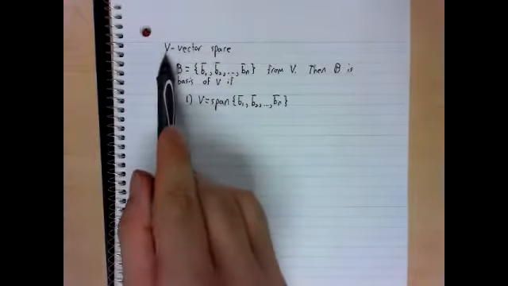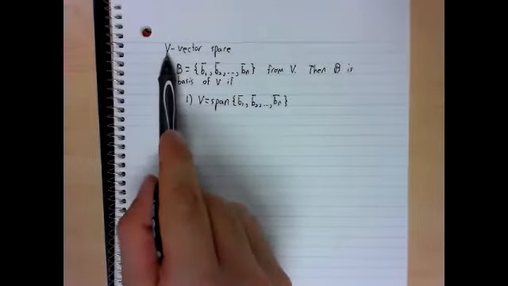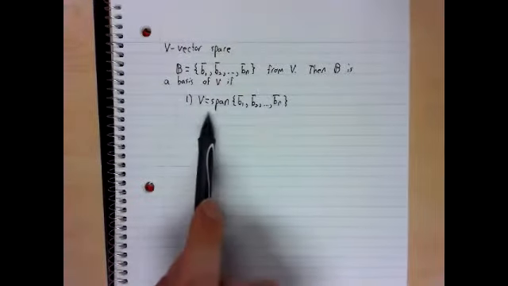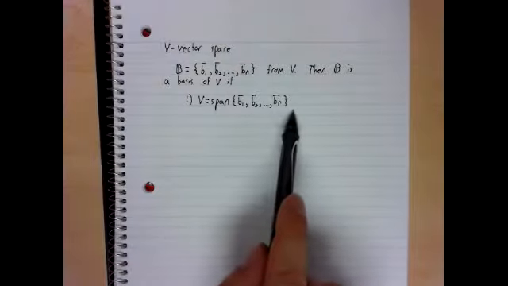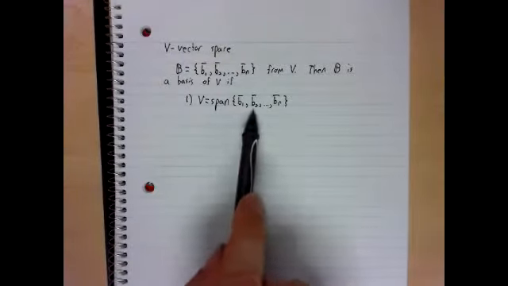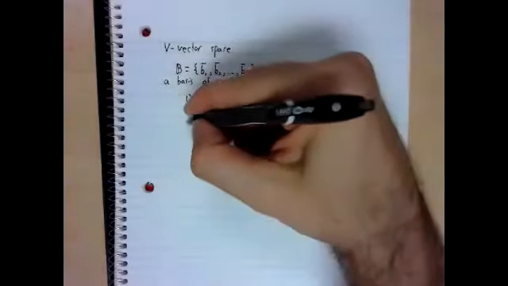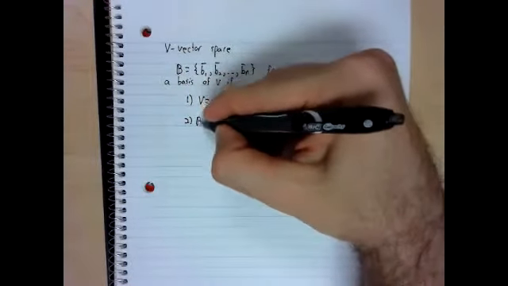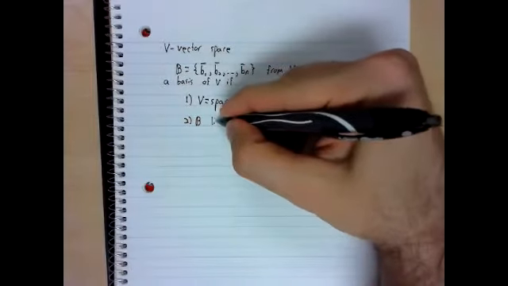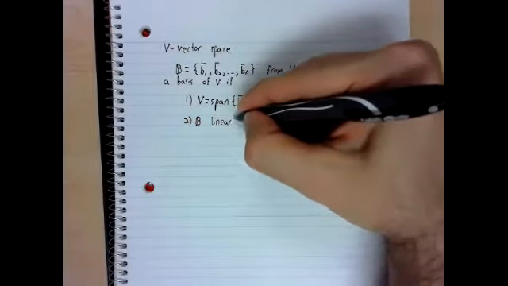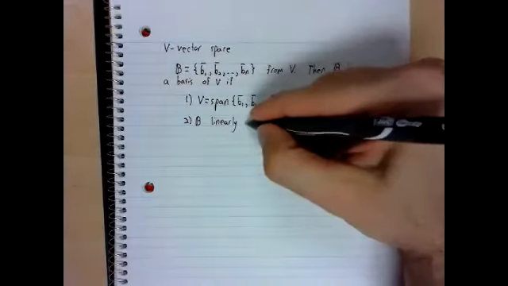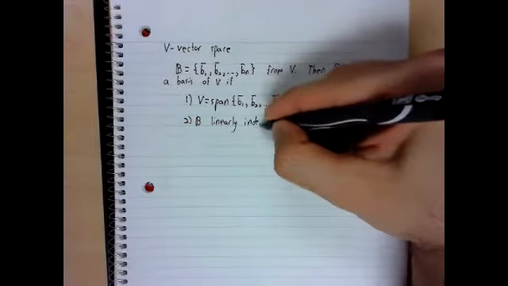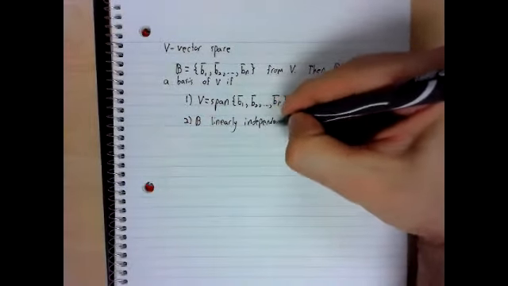So any vector in this vector space is a linear combination of these vectors, and 2, these vectors are linearly independent.